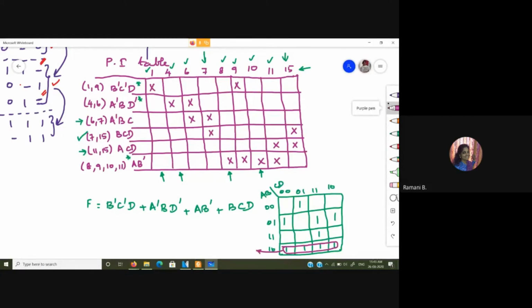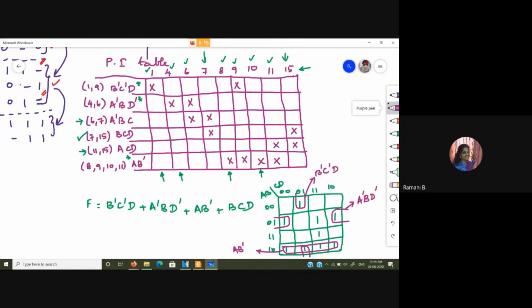So the best deal is to get the expression AB bar in this. Then I have these two, because no other possible grouping with this M1. So that is going to give me B bar, C bar D. Then for this 4, I don't have any other possible combination, only these. So this is going to give me A bar B, D bar.